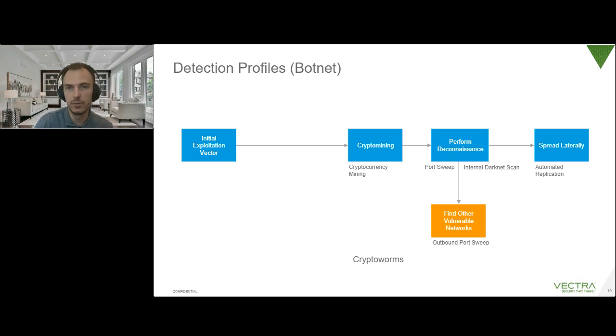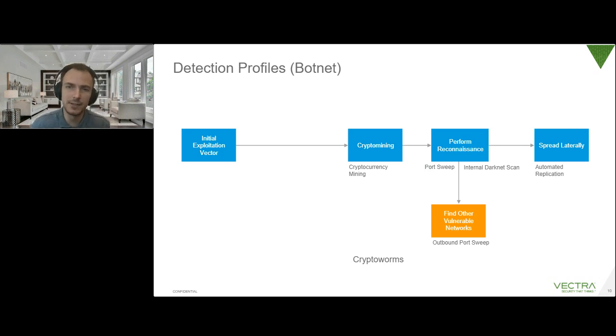So we're going to see port sweep. We're going to see internal darknet scan as it tries to find vulnerable services, if it's using an exploit, or maybe it's going to be trying to use default creds. It's going to do that sort of scanning. We also expect it to do scanning outside of your network, right, as it tries to spread beyond your environment, outbound port sweep.